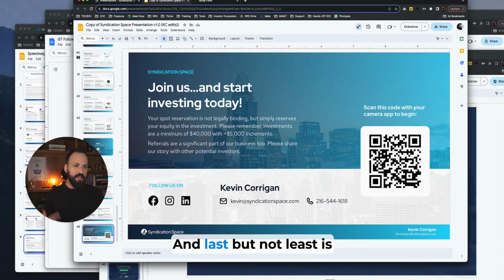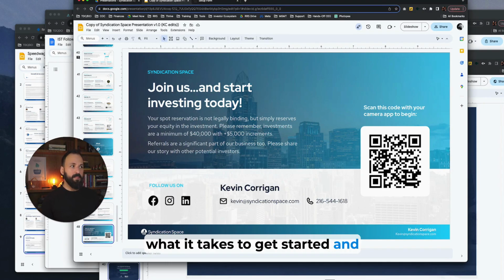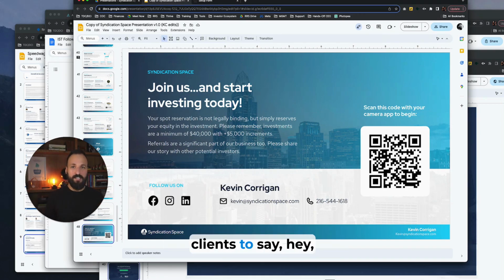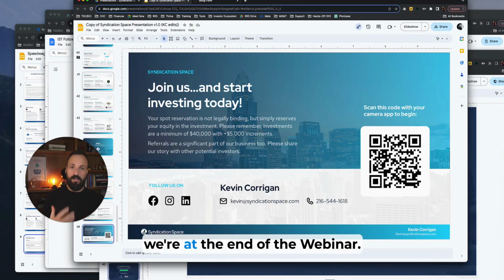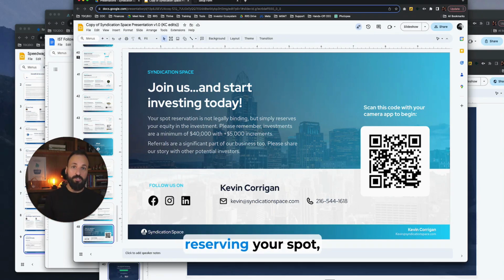All right, and last but not least is the call to action. This is the slide that summarizes the opportunity, what it takes to get started, and provides the next steps. The way we've been doing this is really cool, actually. We encourage our clients to say, hey investor, we're at the end of the webinar. If you're interested in reserving your spot, we use that specific language.